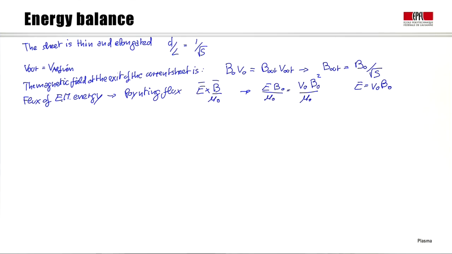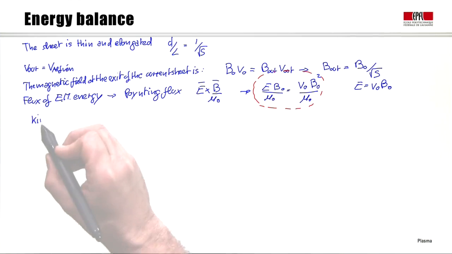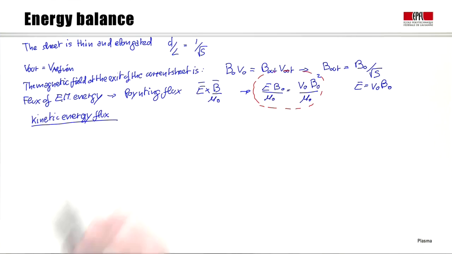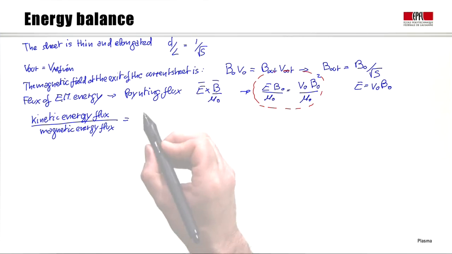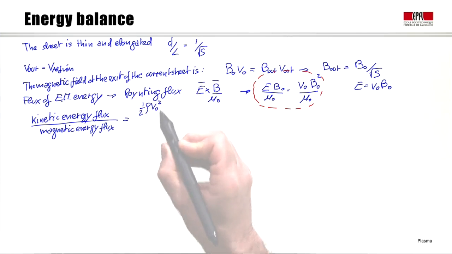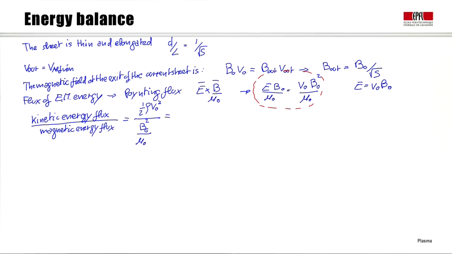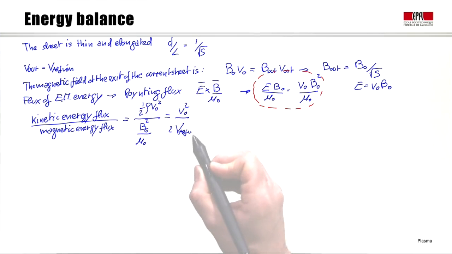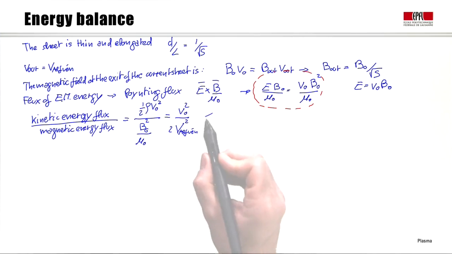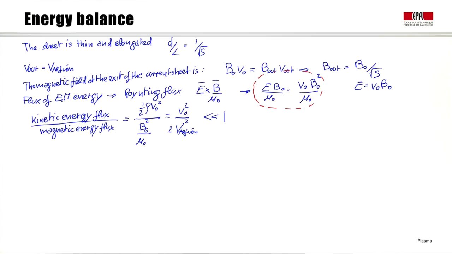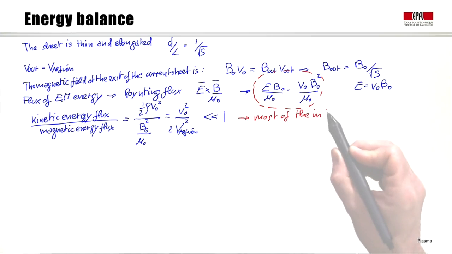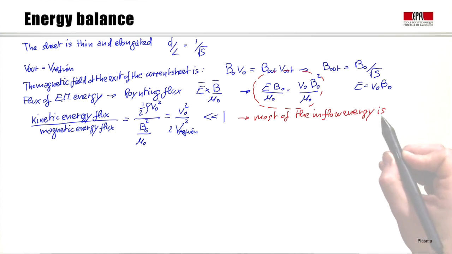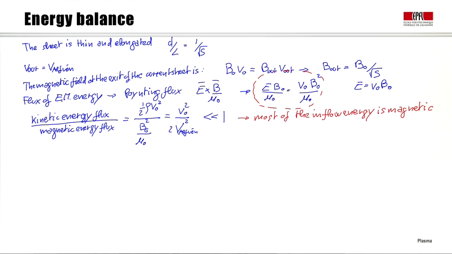we can now use this expression to compute the ratio of the kinetic energy flux to the magnetic energy flux. Recalling that the inflow plasma velocity is much smaller than the Alfvén velocity, we can easily conclude that most of the inflow energy is of magnetic nature.